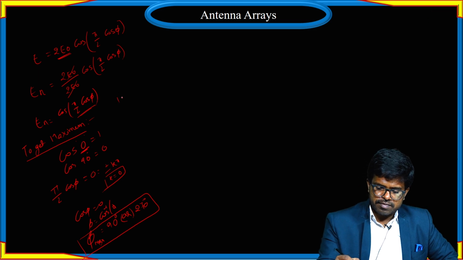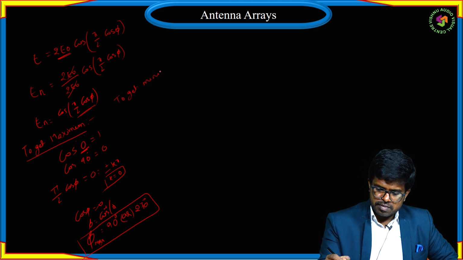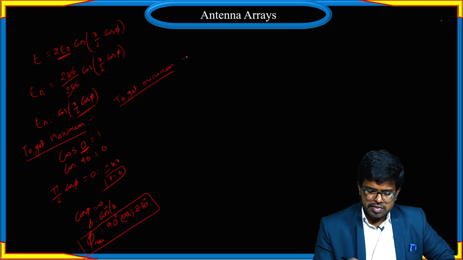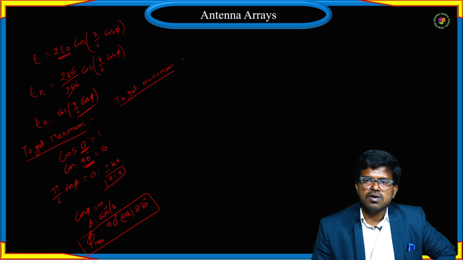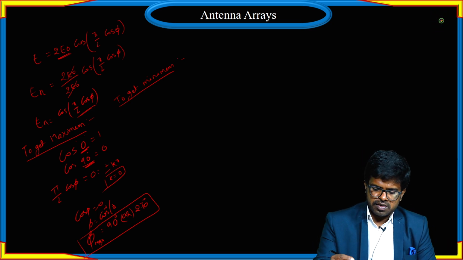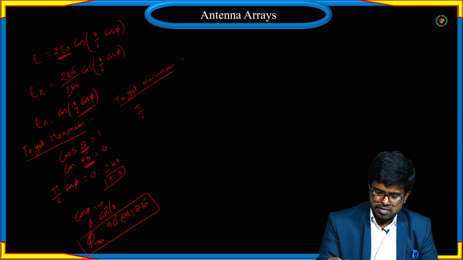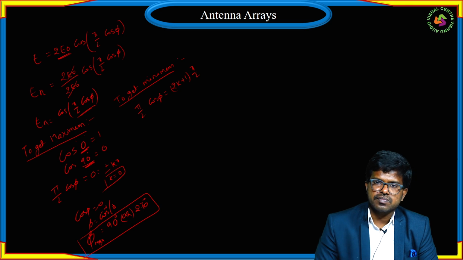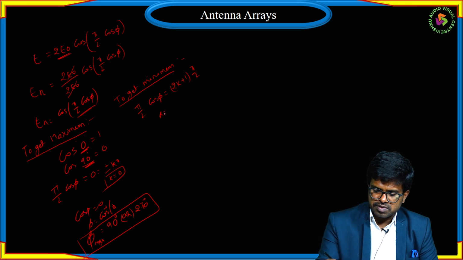And to get the minimum, the bracket value should be equal to 90 degrees. 90 degrees means we can write (2k+1) into π/2. So (π/2) cos φ is equal to (2k+1) π/2. We substitute k as 0.